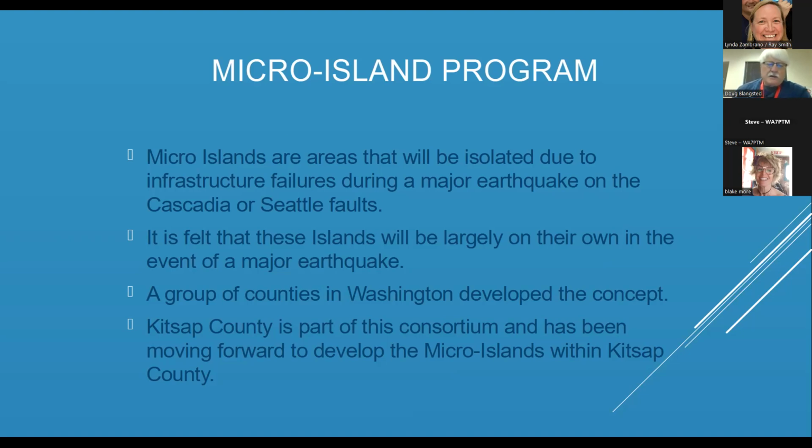And it's felt that anybody within the micro island will basically be on their own for the most part, except we're trying to help facilitate some of that and help out anybody in the micro islands through this process. And I already talked about the counties, so move on there.